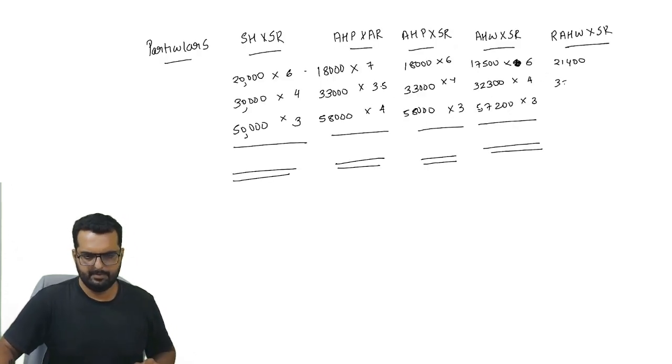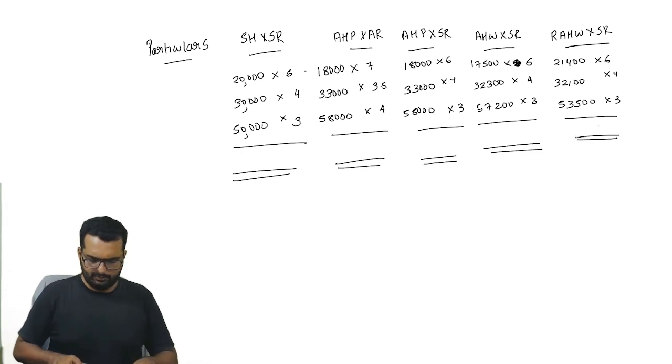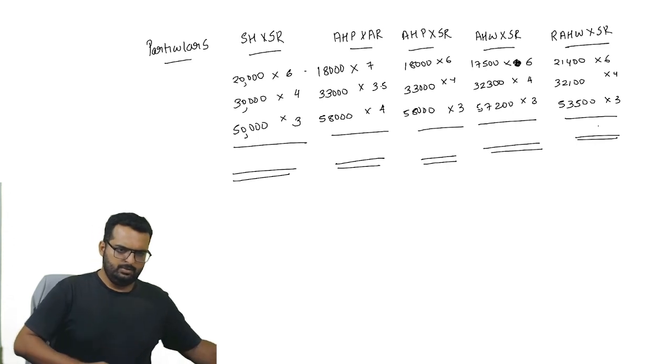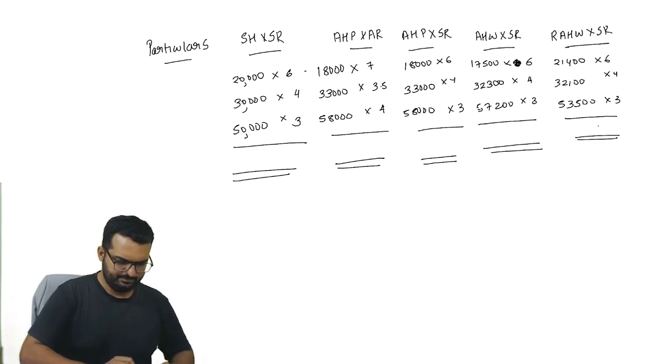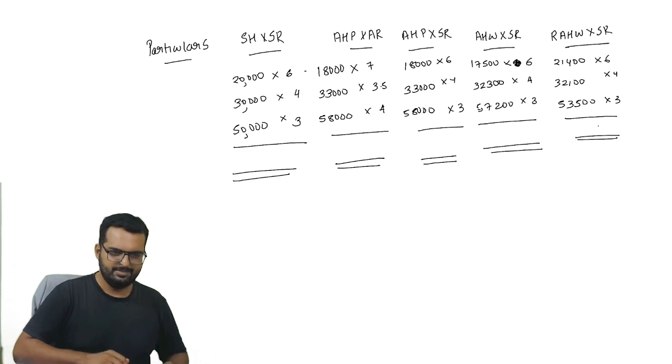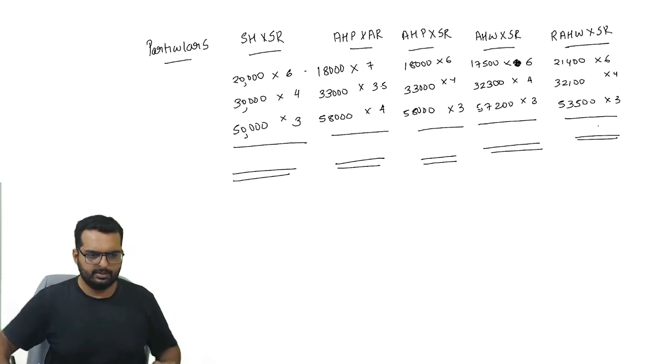32,100, 53,500 into 6, into 4, into 3. Can you do this now, friends? Three lakh 90,000.